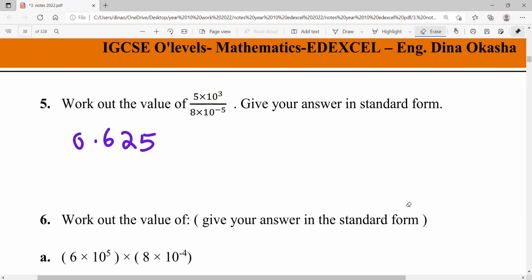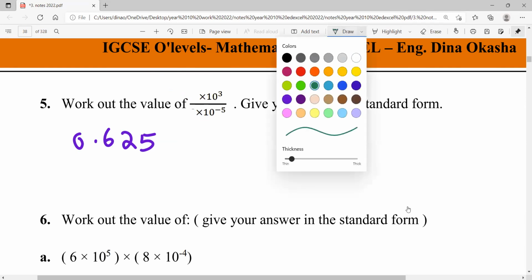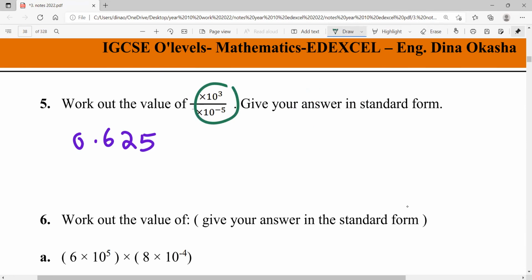I will use my magic trick again, ignore that, and work on the 10 part only. Let's remember, when we divide the same base, what do I do with the powers? We subtract the powers. So this will be 10 to the power of 3 minus negative 5. Be careful: 3 minus negative 5 gives 10 to the power of 8.